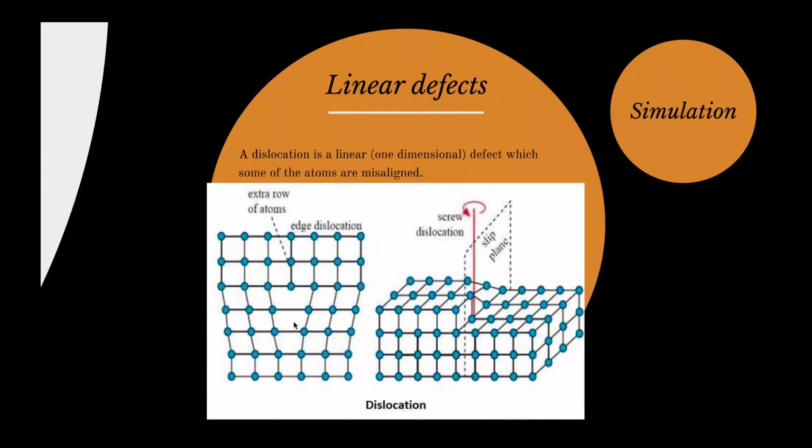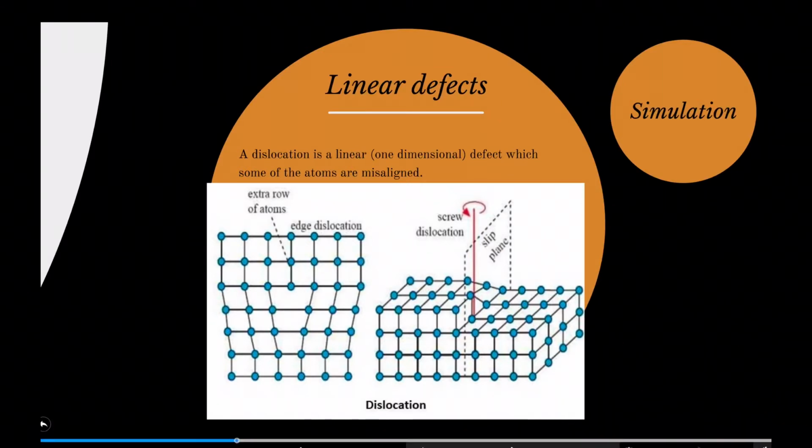It's kind of like a line here, right? We call this the linear defect.